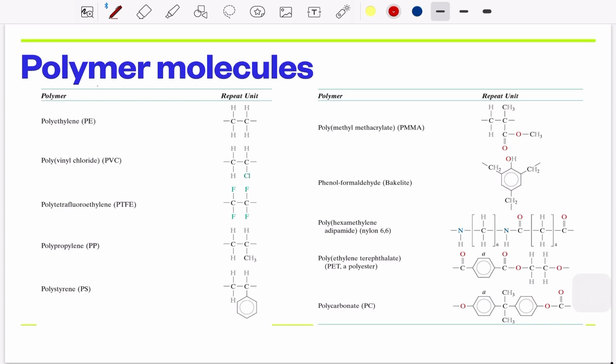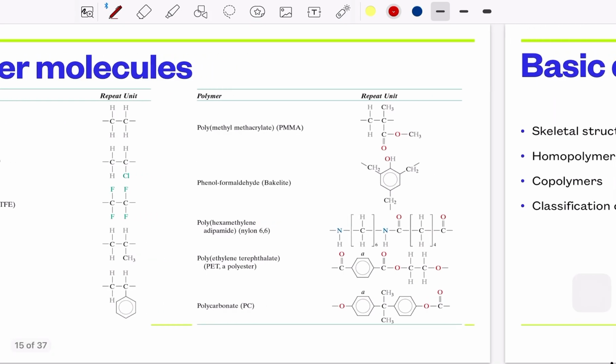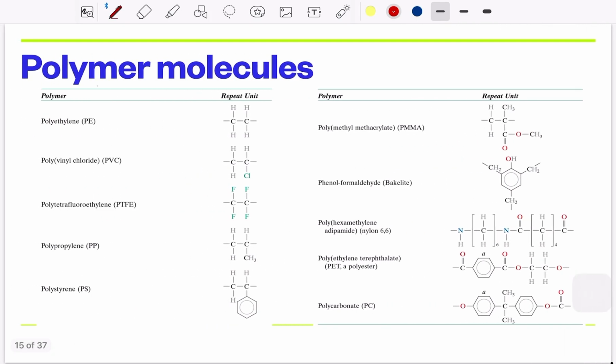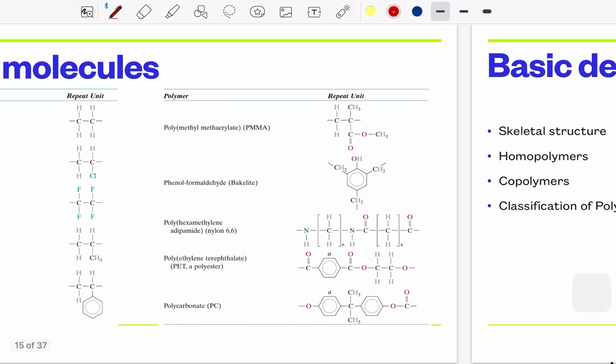We have also polymethyl methacrylate, the bakelite, the phenol formaldehyde, the nylon, okay? The nylon, of course, in your clothes, polyester, PET, polycarbonate, like maybe fiberglass, something like that, that is transparent, okay? That's just a common polymer. I think we will discuss some of them.